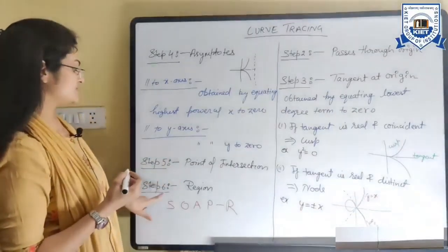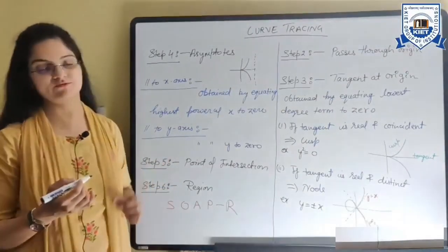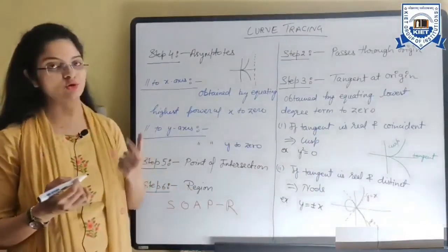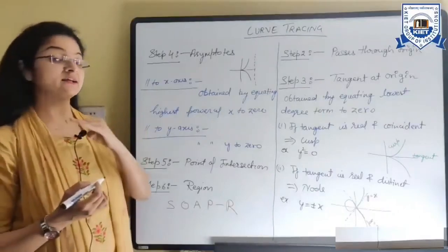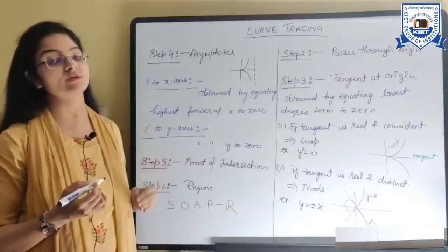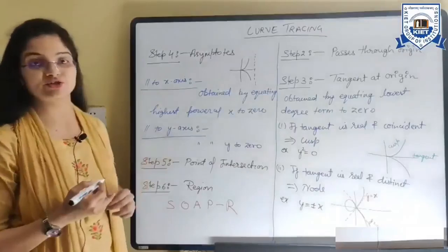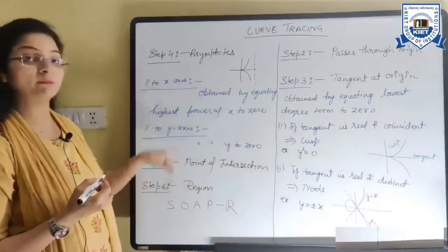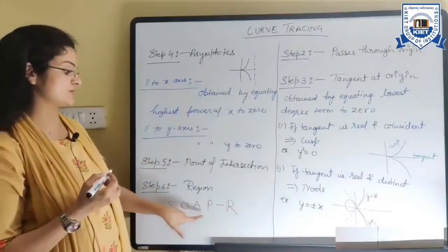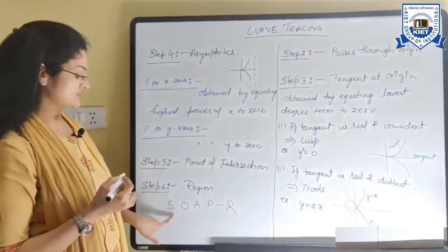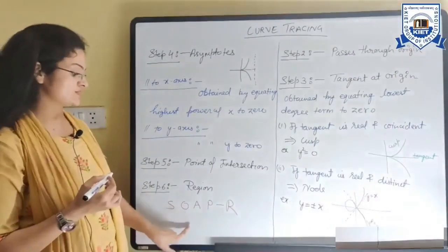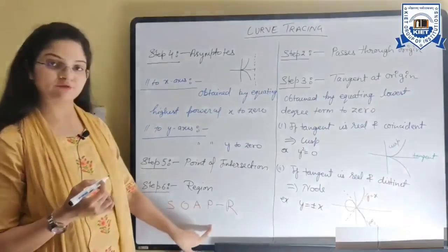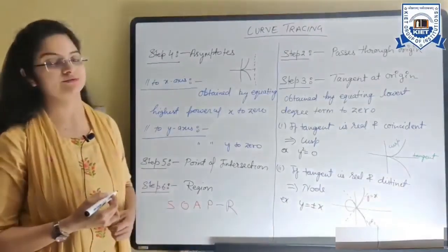In step 6, we have to find the region in which the curve lies. To find the region, we solve the equation for y and reject all those values of x which make y imaginary. It is easy to memorize this process by SOAPR, where S is symmetry, O is origin, A is asymptote, P is point of intersection, and R is region.